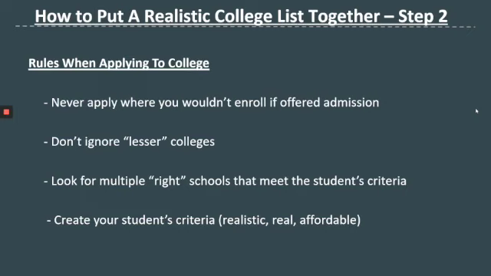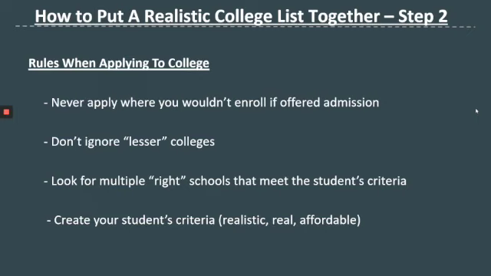Don't ignore the quote unquote lesser schools. Again, so many families focus so much on reach schools that they don't spend enough time finding the right match and safety schools. Like I had just said, safety schools should not be a secondary consideration.